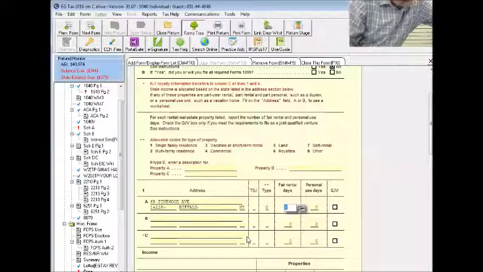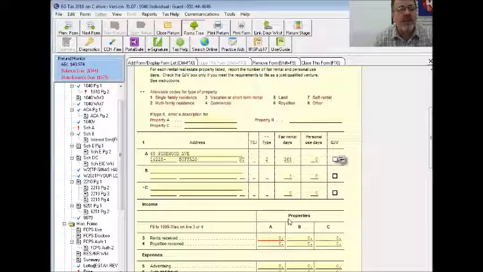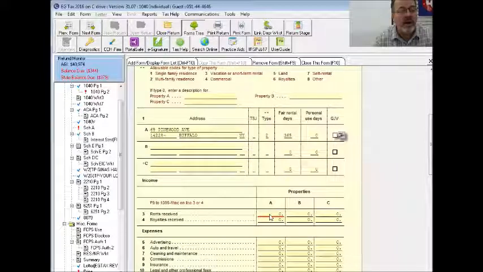Okay. And it says type. Just put it down underneath there. Fair rental. 365. Okay. Don't worry about the personal. That's if we had something where we're doing it, but we're not going to worry about that right now.